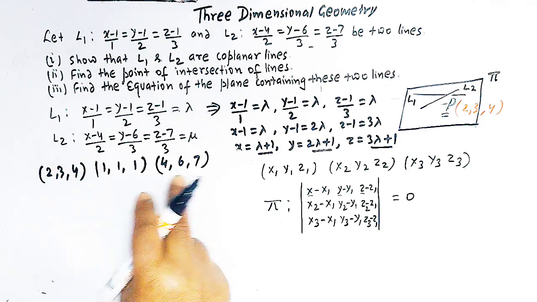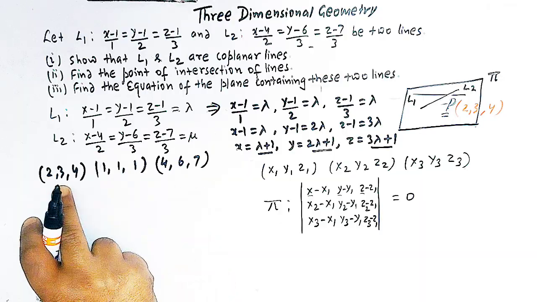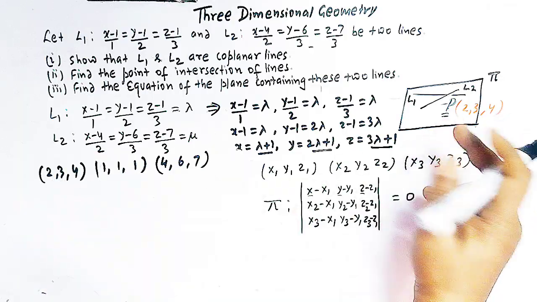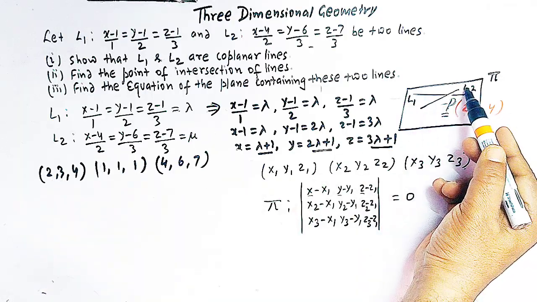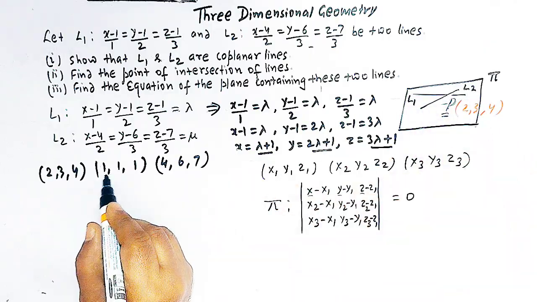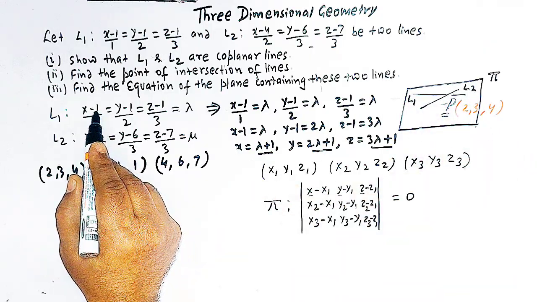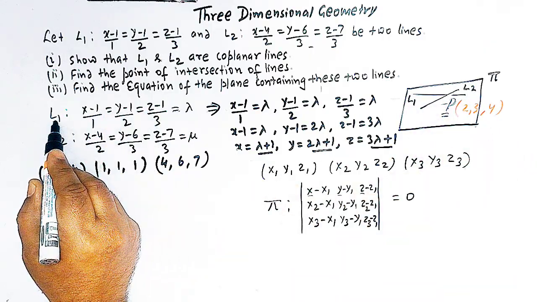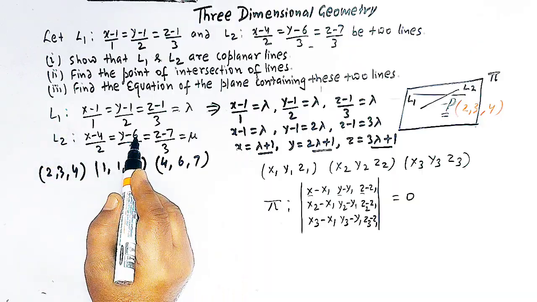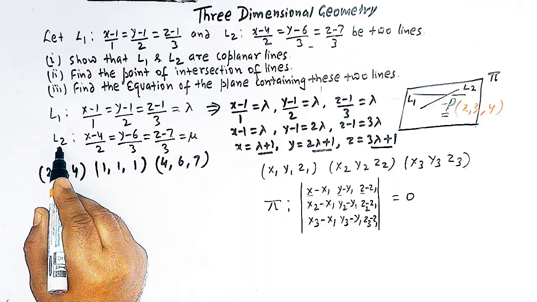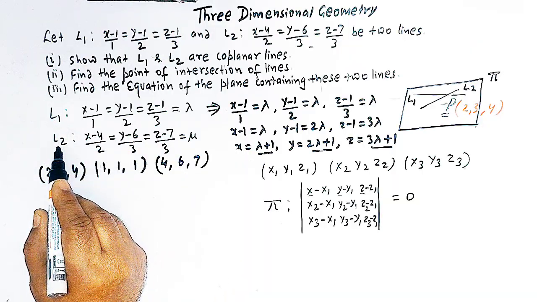So now we have 3 points, right? This point is the point of intersection of these two lines L1 and L2. 1 comma 1 comma 1 lies on the line L1, and 4, 6, and 7 lies on the line L2.